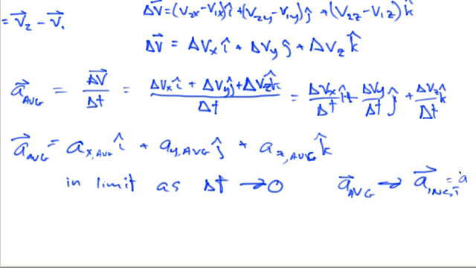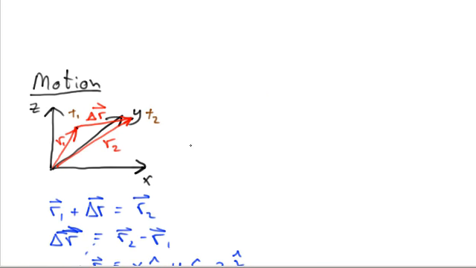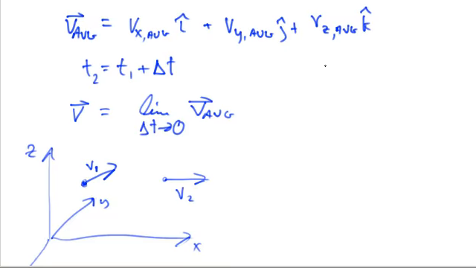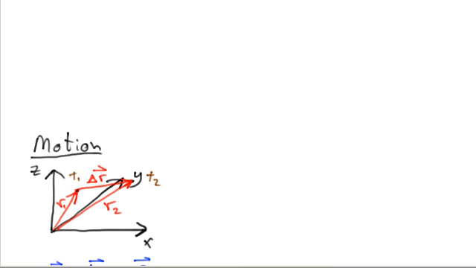So at a particular instant in time, when this original particle is right here, it's got some velocity, which I call the instantaneous velocity. It's how fast and which way, and it's also got some acceleration when it's at that point, how fast and which way.